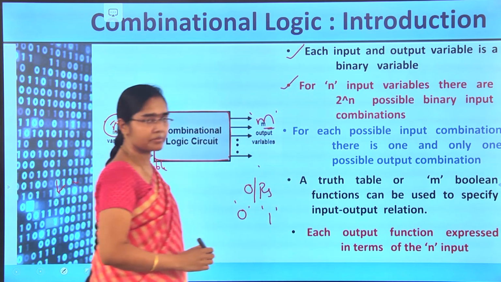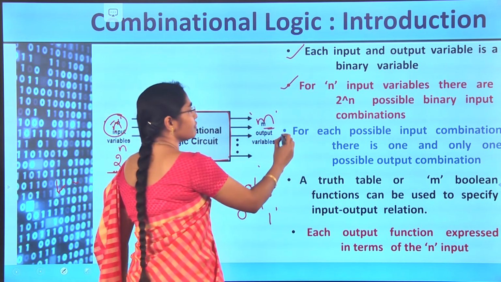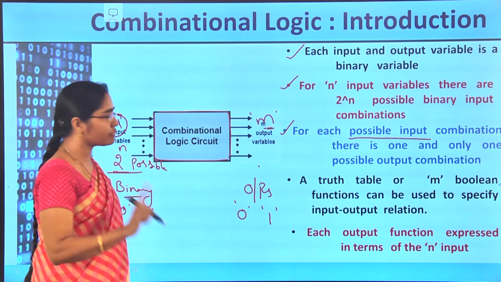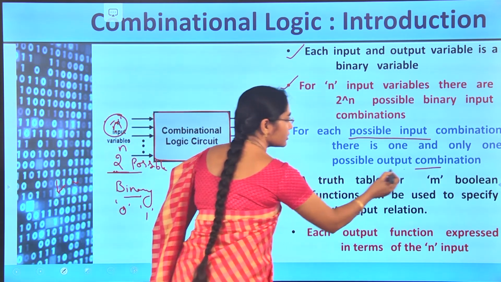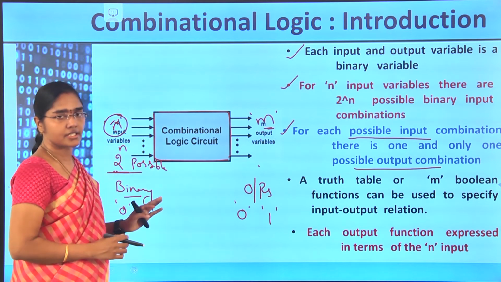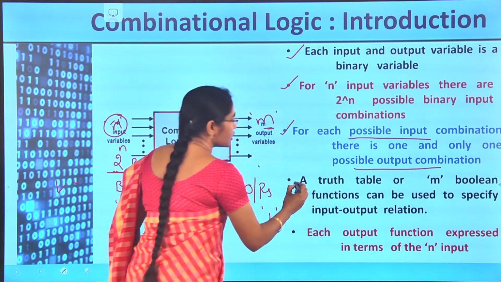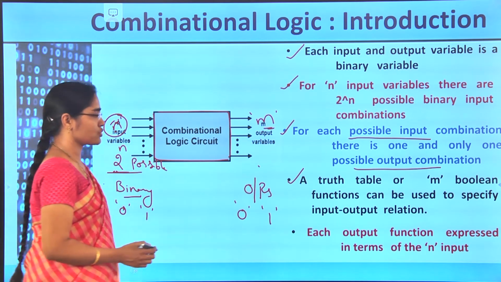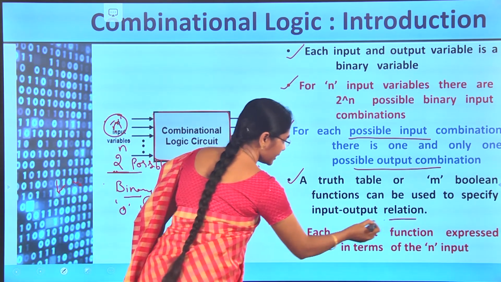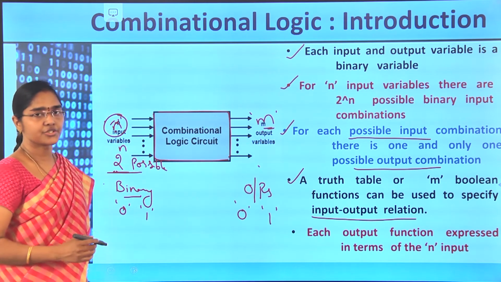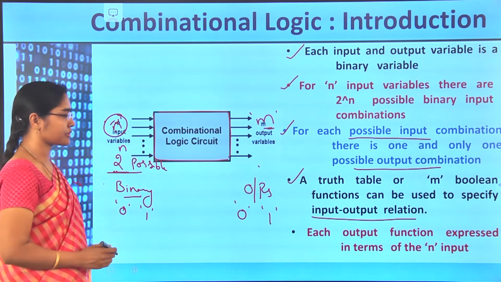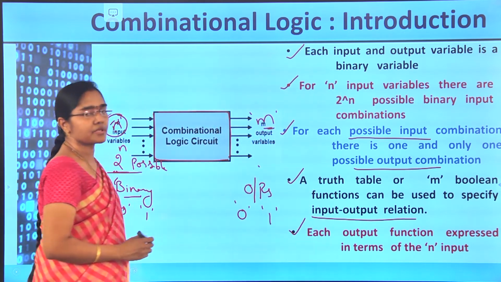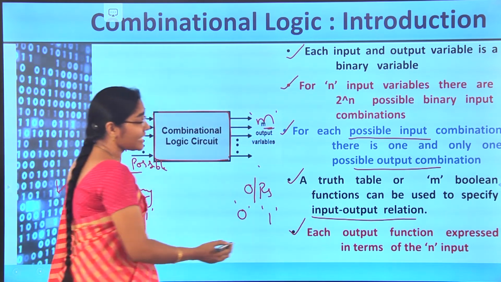For each possible input combination there is one and only one output for the combinational circuit. A truth table or Boolean functions can be used to specify the input-output relation, with each output function expressed in terms of the n inputs.